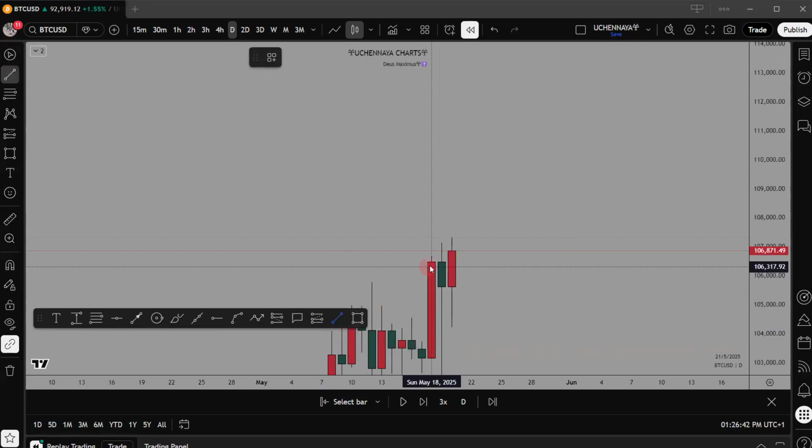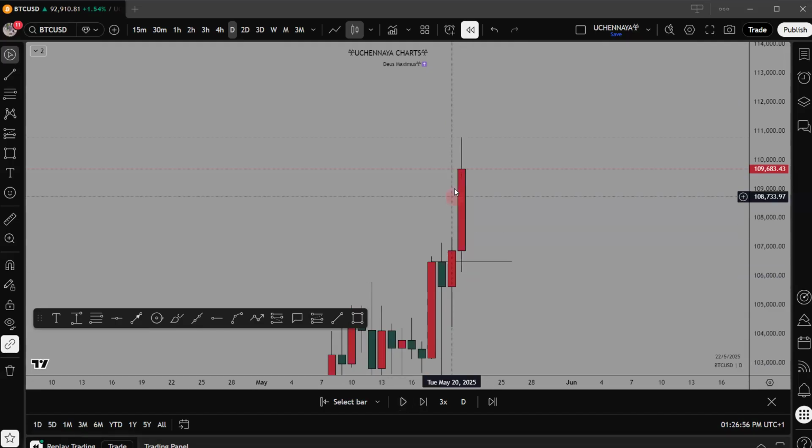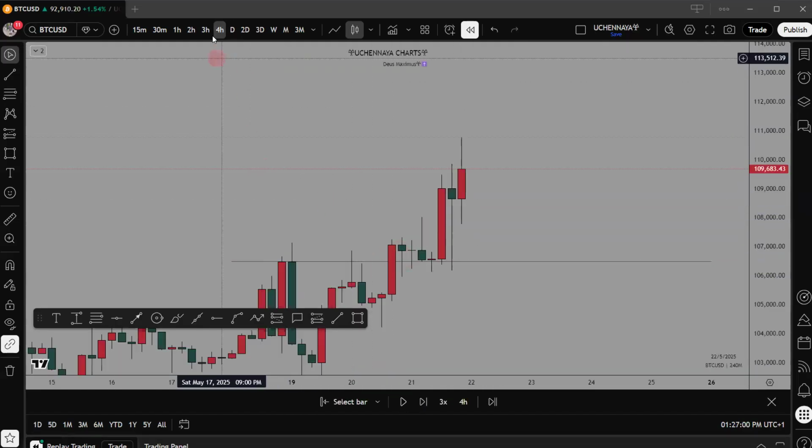Now, this is a key level, correct? This is an RBS key level, right? Okay, so now the next candle came and rejected.